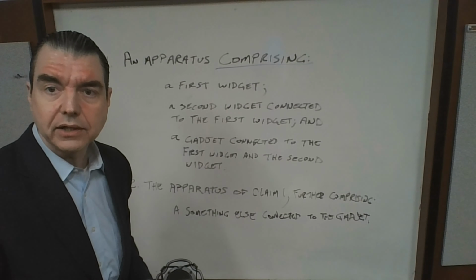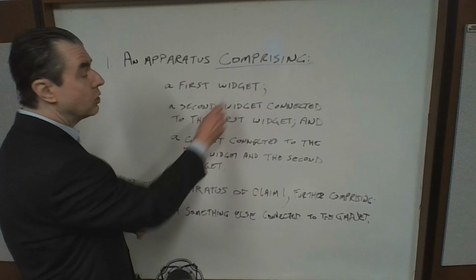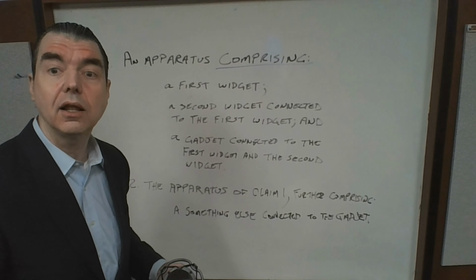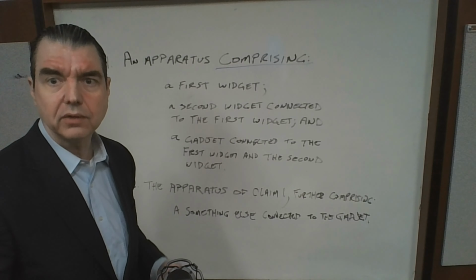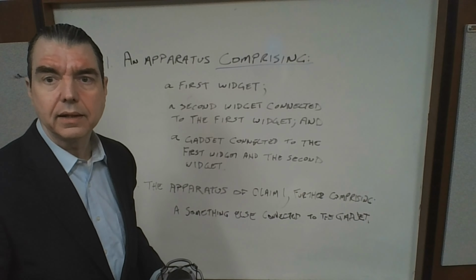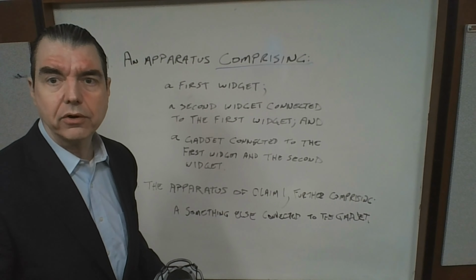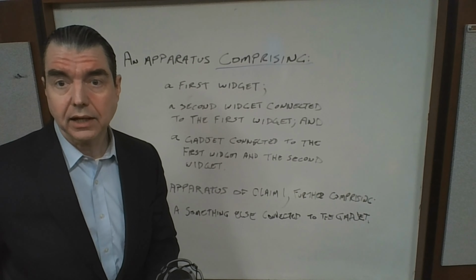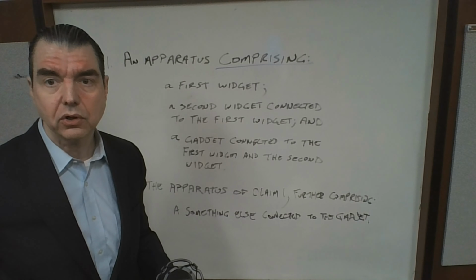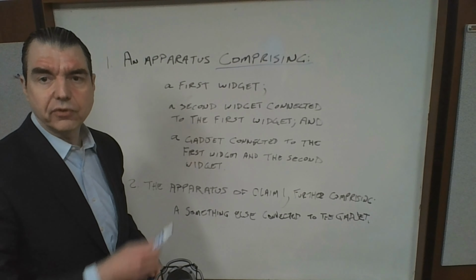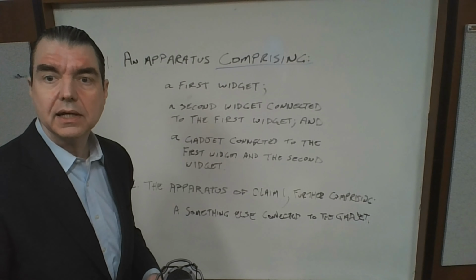So your invention includes these different limitations, these different elements. The proper word is limitations. That's the word that the courts use when looking at your claim and whether a product, an alleged infringing product, is infringing your claim.